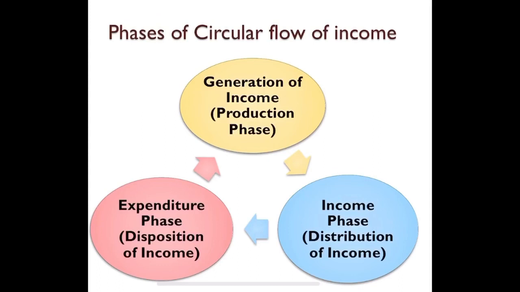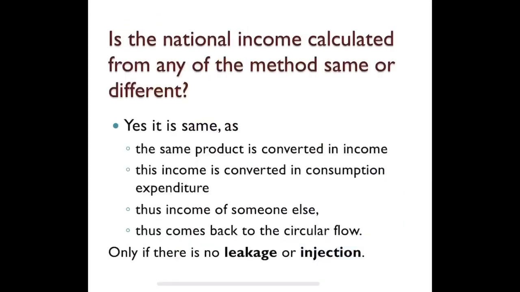For example, let's say I am saving, I am not purchasing using all the income I have, which means I am taking something out from the circular flow. That's called a leakage.